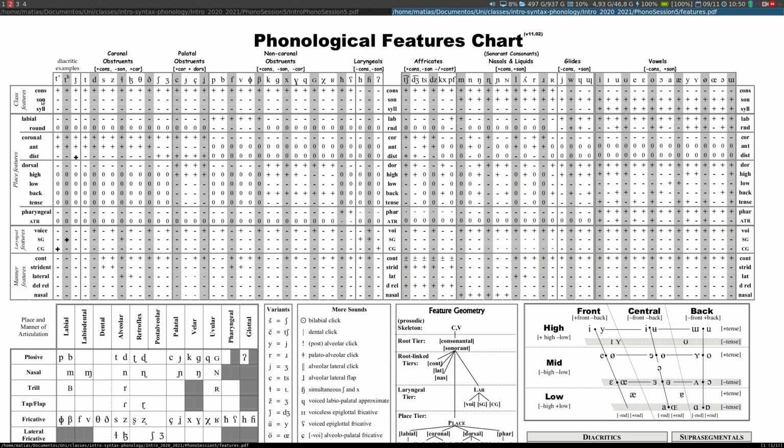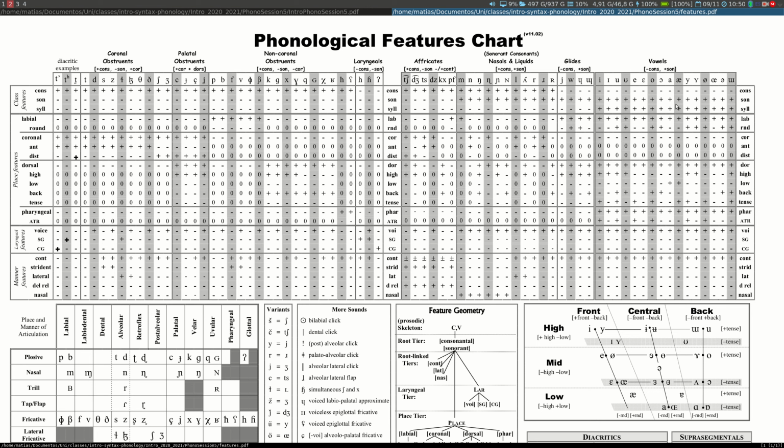So then we have the sonorant feature, which includes nasals and liquids, which are here. So mostly the nasals, etc. The semi-vowels and the vowels.